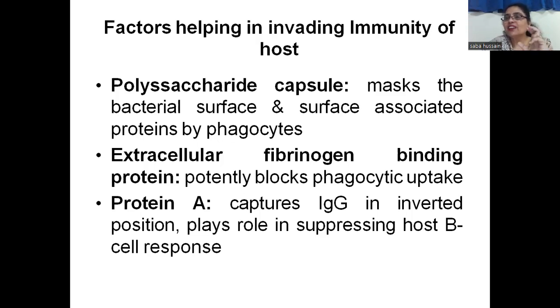This bacteria is capable of fooling natural as well as acquired immunity, because it has a polysaccharide capsule, extracellular fibrinogen binding protein, and protein A. The first two fool phagocytotic cells, and protein A fools the B cell response. That means B cell response is acquired immunity.